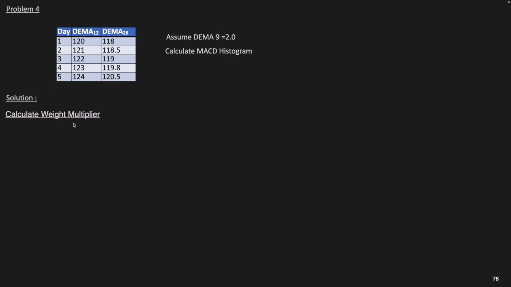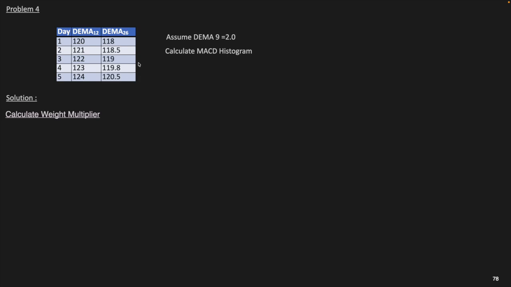For these 5 days you need to calculate a weight multiplier. What is the weight multiplier here? Here we are calculating for 9 period. So your weight multiplier will be 2 divided by n plus 1, where n will be equal to 9 instead of 12 or 26, because we are calculating a 9 period exponential moving average of MACD.